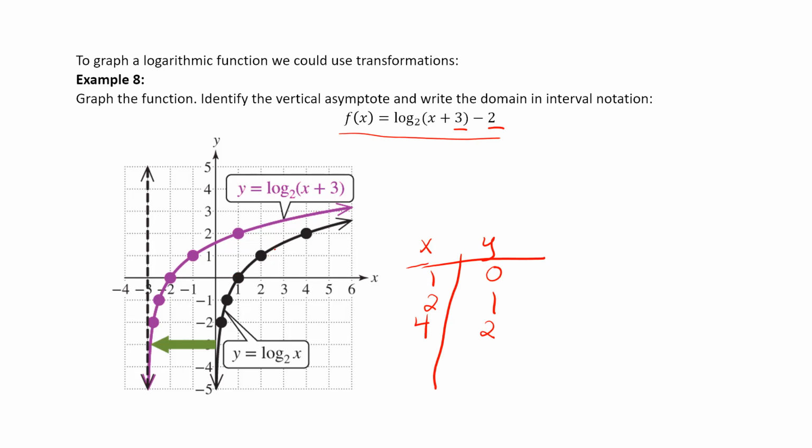So you have some of these points here, and you can go ahead and graph that function. Now you're going to use your translations to make it into this function, log base 2 of (x + 3) minus 2. So you have added 3 to x, which means you scoot the function 3 units to the left, and you are subtracting 2 from the whole function, and that means you're going down 2 spaces.